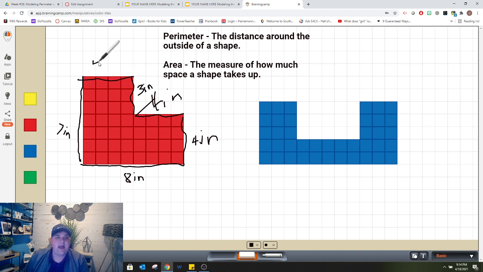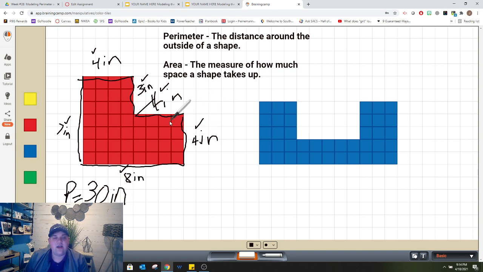So my job now is to add all of these inches to get around the shape together. 4 plus 7 is 11, so I've got those. Plus 8 is 19, plus 4 is 23, plus 4 more is 27, plus 3 is 30. So the perimeter of this red shape is 30 inches because it would take 30 inches to travel around the outside of the shape.